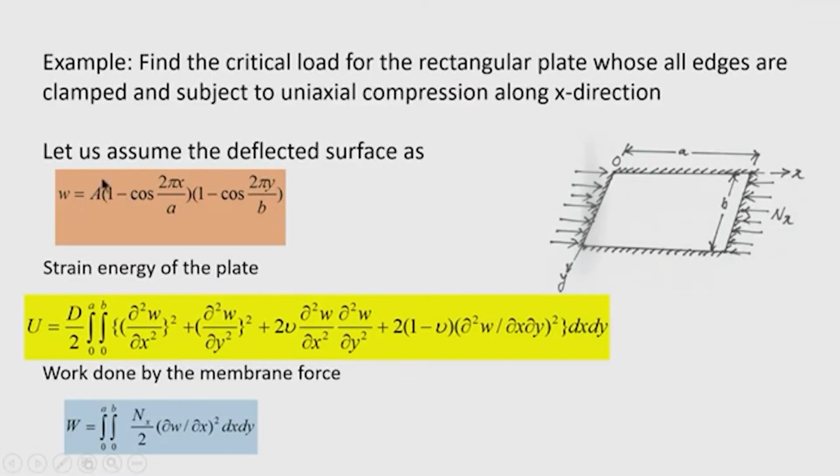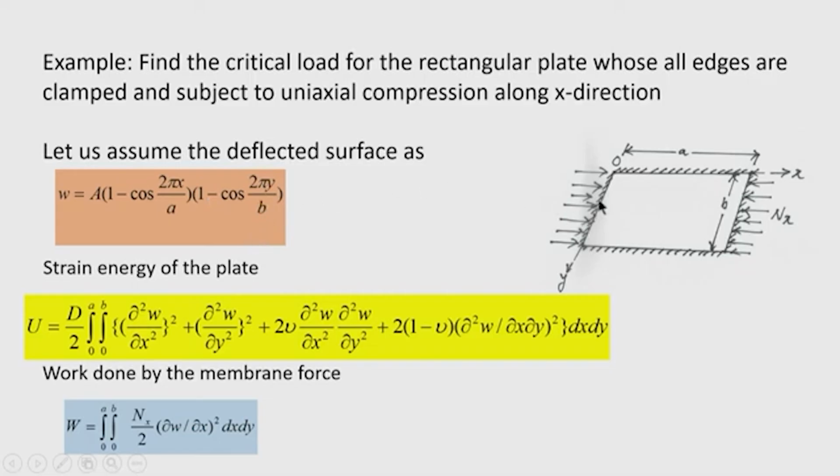Okay. Now, here you can see the assumed deflection function. I have taken only the first term, other terms can also be written. Taking the origin at O, I have taken this function, the function of x, that is 1 minus cos 2 pi x by a, and this function as a function of y, 1 minus cos 2 pi y by b.